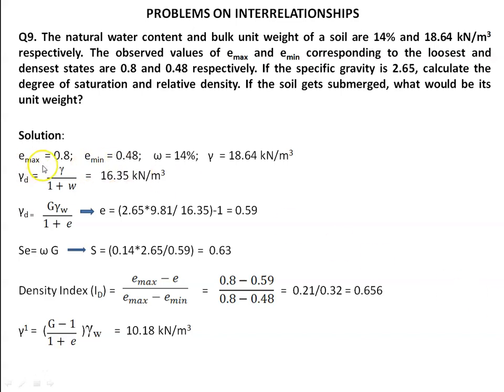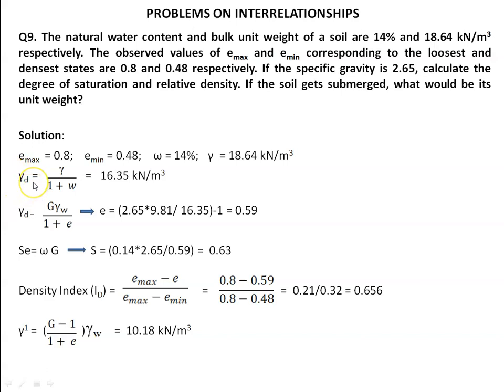Maximum and minimum void ratios are given corresponding to loosest and densest states. Water content is given as 14% and bulk unit weight is given as 18.64. So knowing the values of bulk unit weight and water content, we can estimate the dry unit weight.